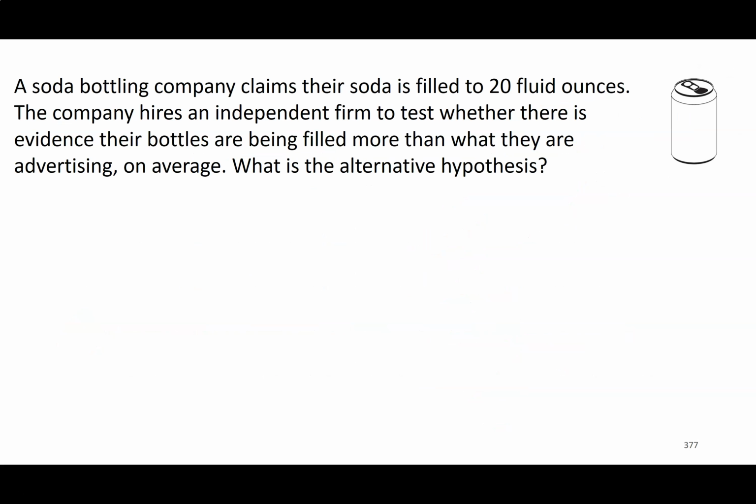So still on this example here, we might want to ask ourselves, what is the alternative? I did point out in words which of the last ones was the alternative. But the alternative here in symbol notation, so I have mu, and I should still have 20, and I'm going to write FLOZ, so fluid ounces. Now I need to figure out what goes here.